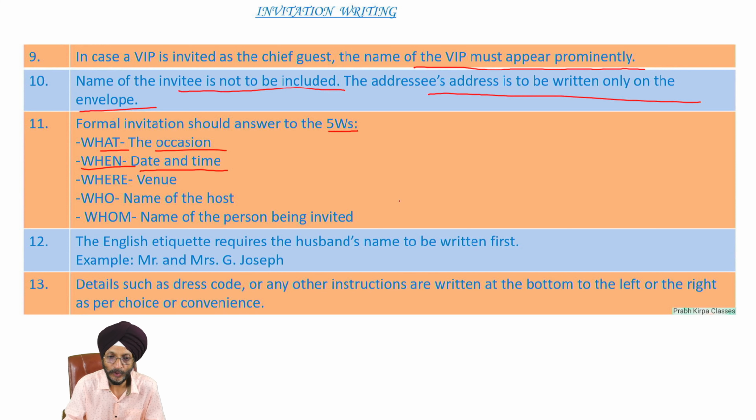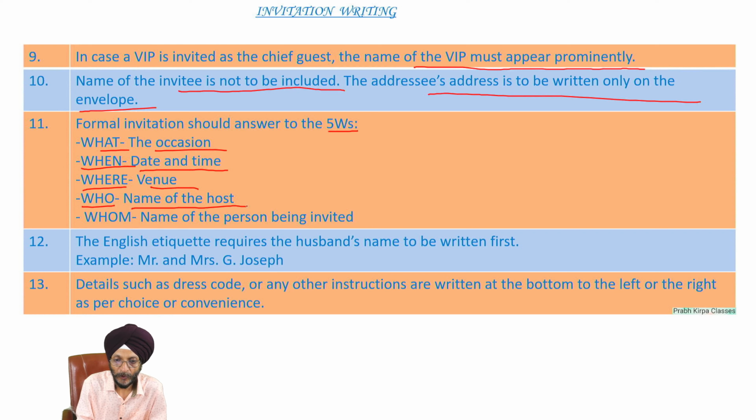It has also to be mentioned in the formal invitation. Next is where. That is where the function will be held, whether in the house, in a particular restaurant or in a hotel. You also have to mention the venue where the function will be held.